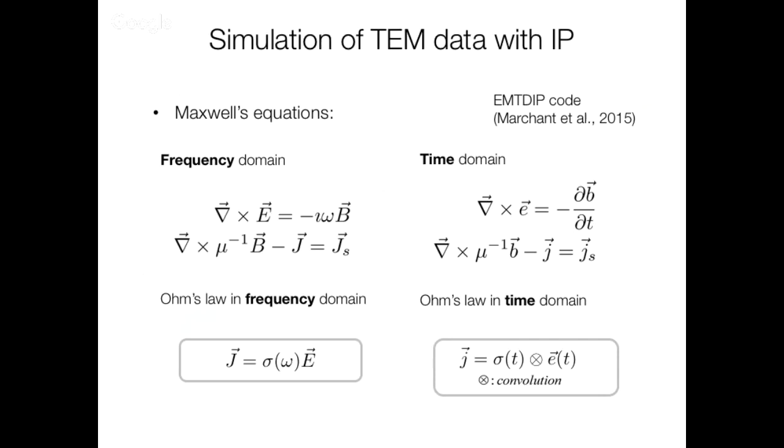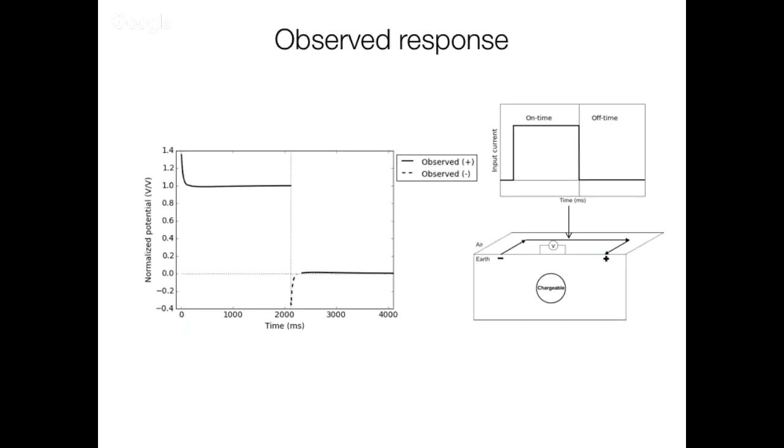Now here, you need to contend with the fact that if I take the Fourier transform of this, then my current density is really the convolution of sigma of t, that thing that we just saw, with the electric field. That complicates issues. You now have the convolution to take care of.